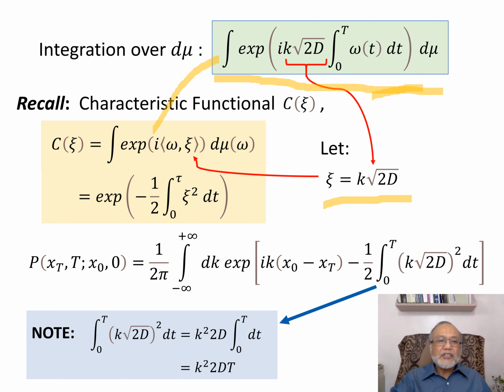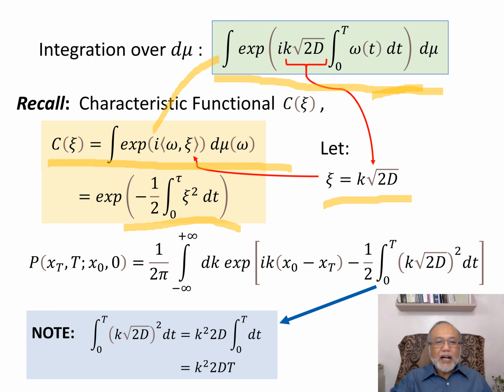And this has a ready answer. Remember, the way we define the characteristic functional is such that it's equal to the exponential of minus 1/2 integral of psi squared. So on the right hand side, you don't see the random variable omega anymore. We have integrated that out.